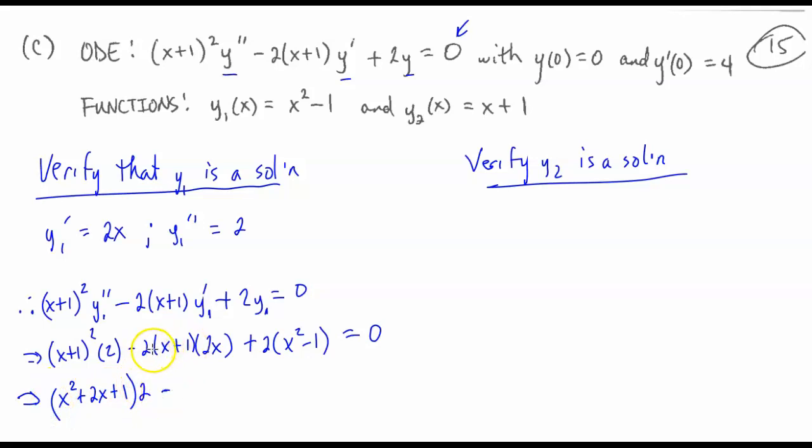Minus, here I have this 2 times 2x, which would be 4x times (x plus 1). And then here, this will be 2x squared minus 2. And we're saying, does that equal 0?